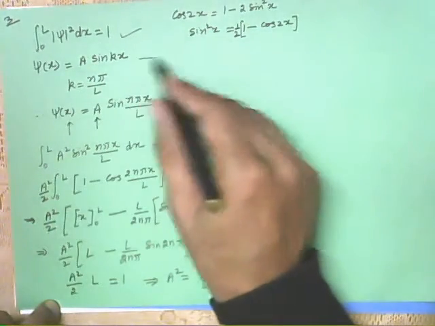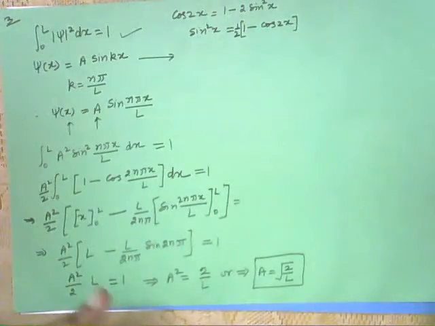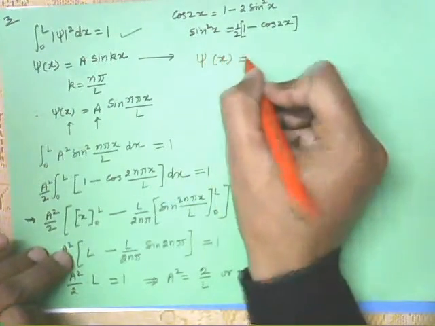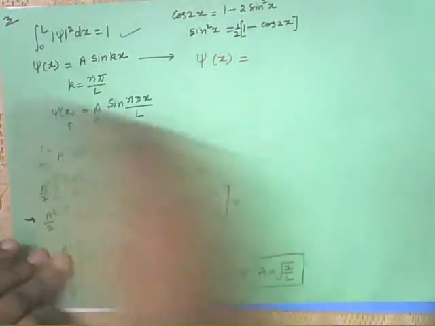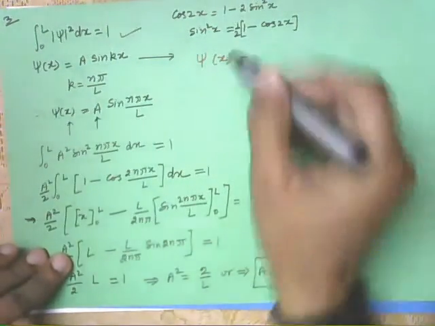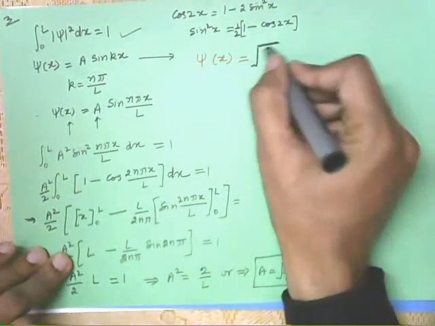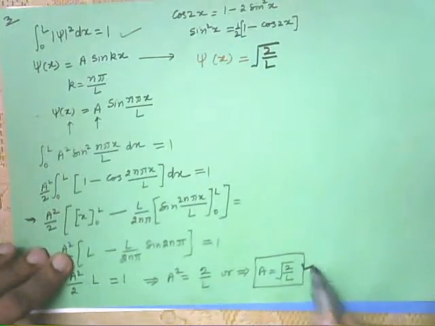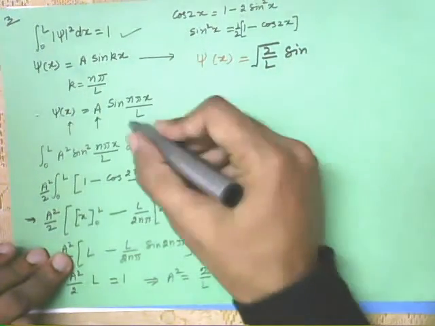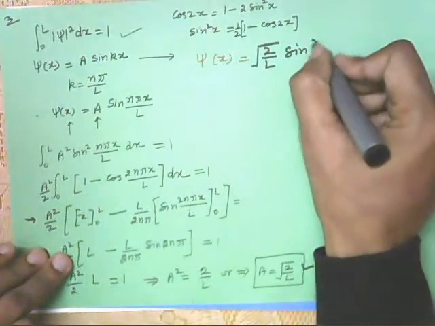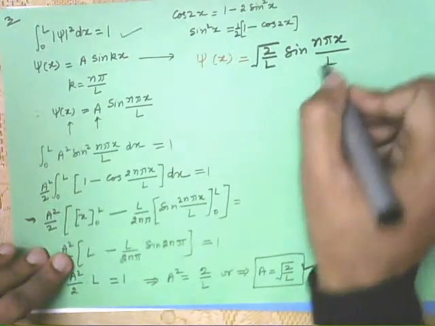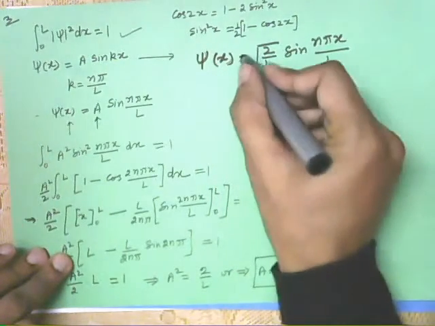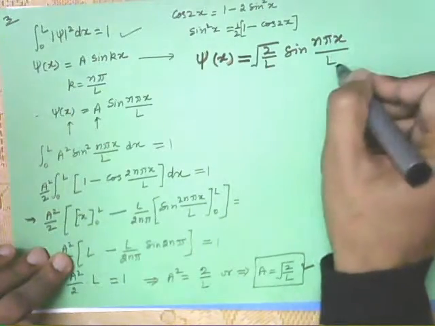And now our wave function becomes psi x is equal to under root 2 upon L, that normalization constant, times sin n pi x upon L, where k is equal to n pi upon L. So psi x is equal to under root 2 upon L sin n pi x upon L.